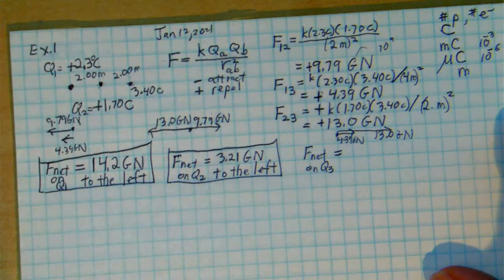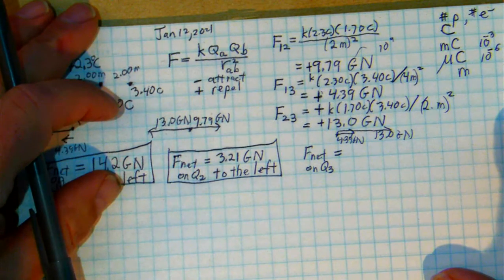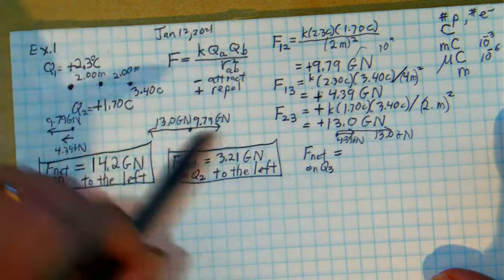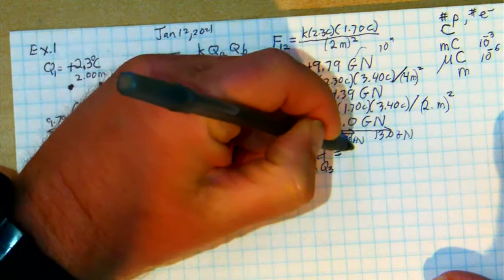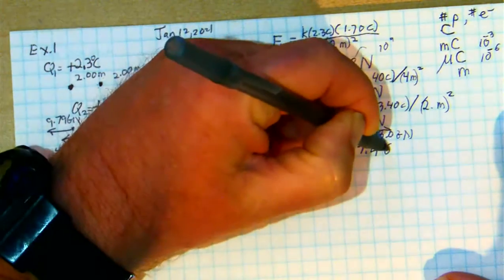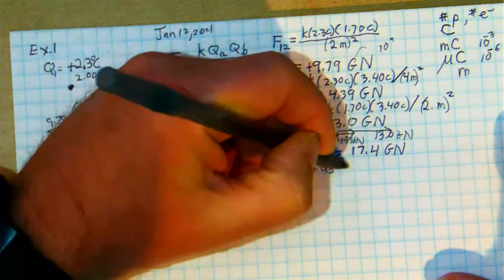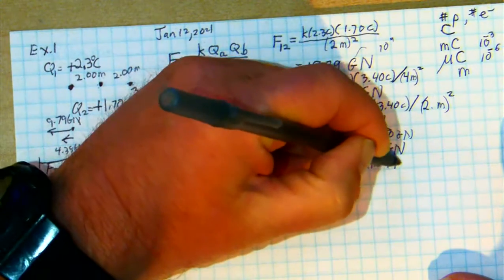In this case, I go 13 plus 4.39, and it says 17.39. Strictly speaking, I can only go to the nearest tenth. So 17.4 giganewtons, and both of these are pushing it to the right.